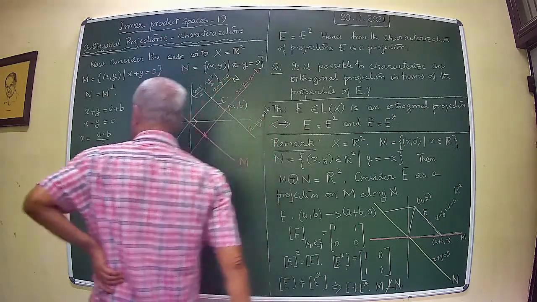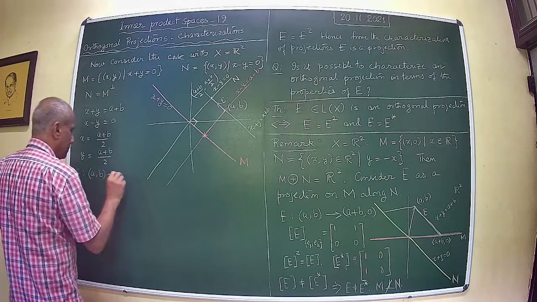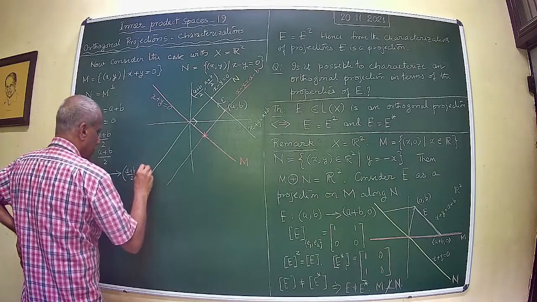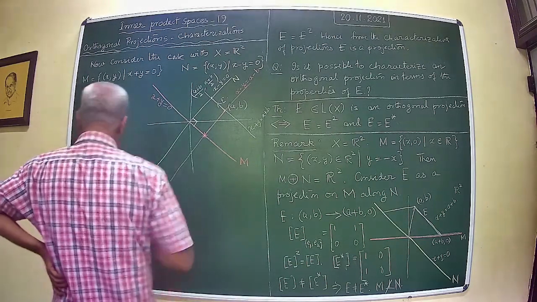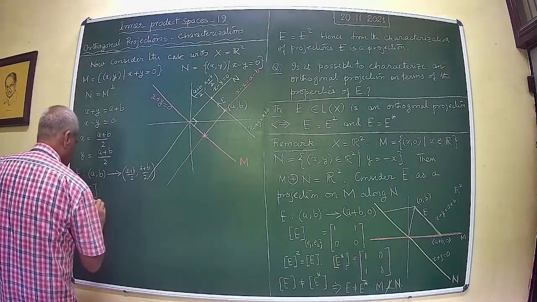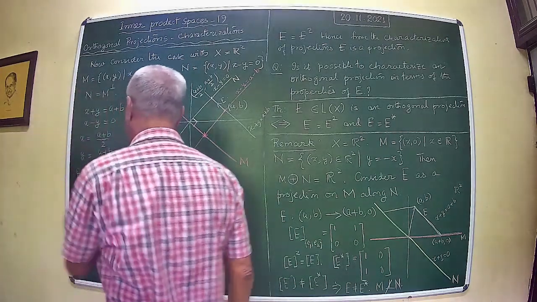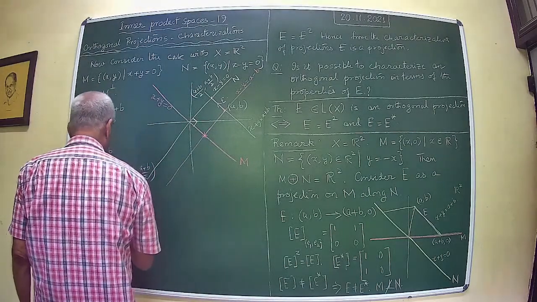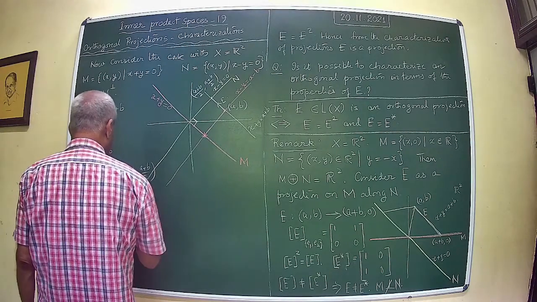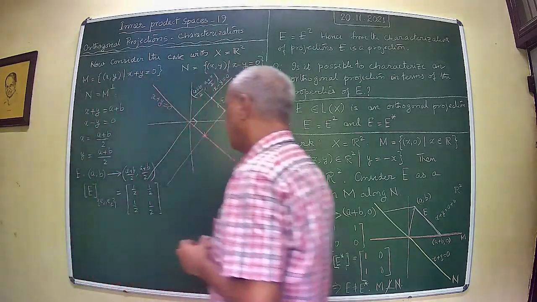So what is the transformation? So E carries this point. Let us write down the matrix of this. The standard representation is going to be 1 by 2, 1 by 2, 1 by 2, 1 by 2.